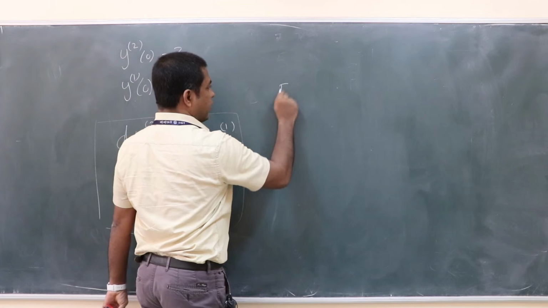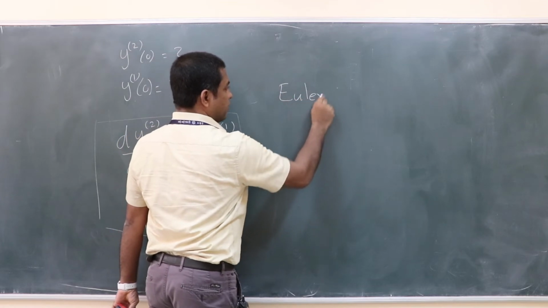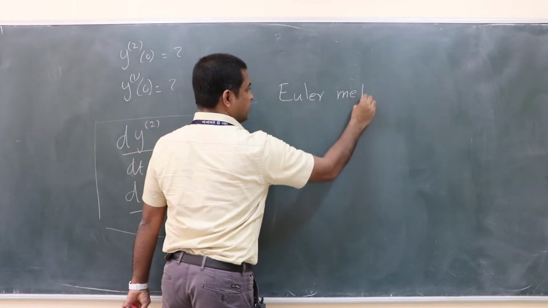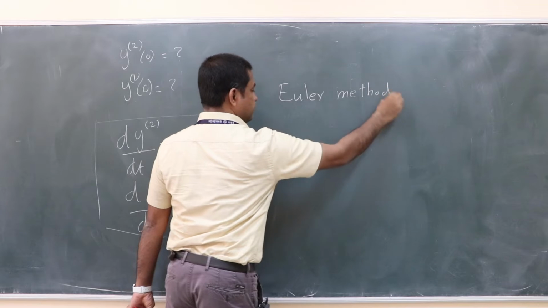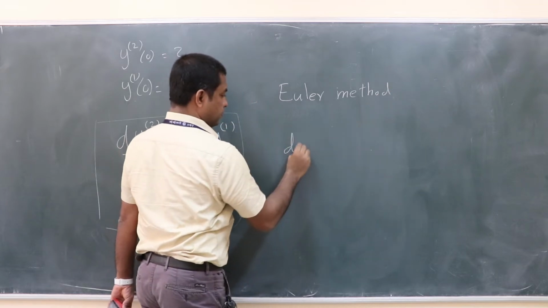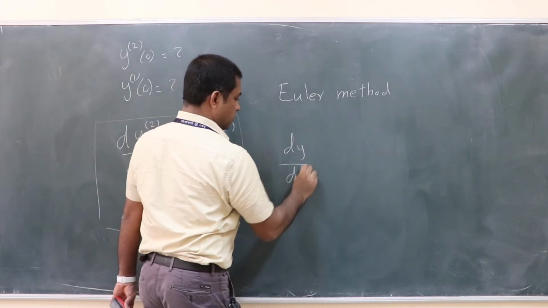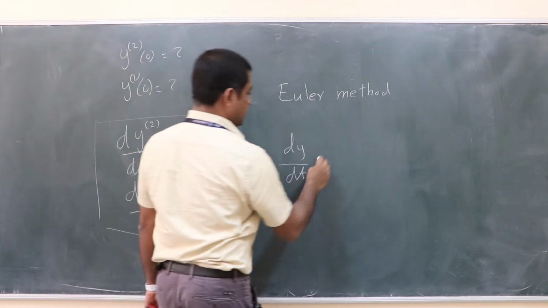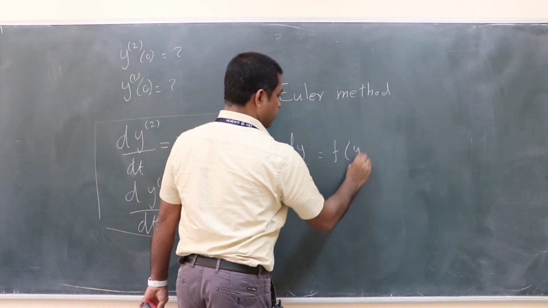So now let us look at the simple method, which is the Euler method. Suppose you have an equation like this, f of y comma t.